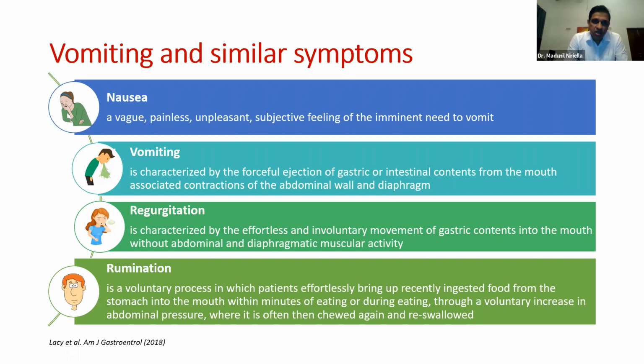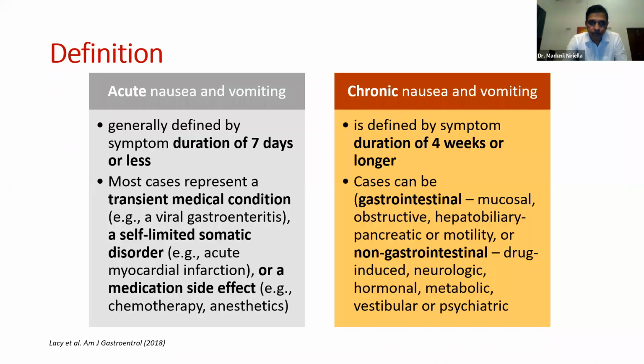Rumination is also different from vomiting in that it's an involuntary process in which patients effortlessly bring up recently ingested food from the stomach into the mouth within minutes of eating or during eating, due to a voluntary increase in abdominal pressure, where it is often chewed and reswallowed. Now, nausea and vomiting can be either acute or chronic.